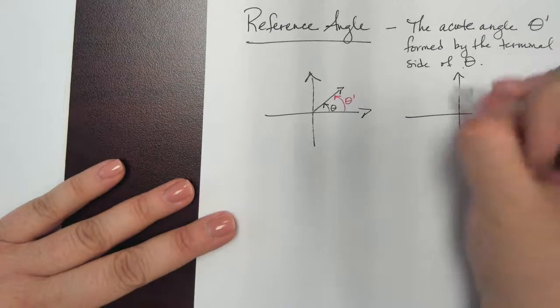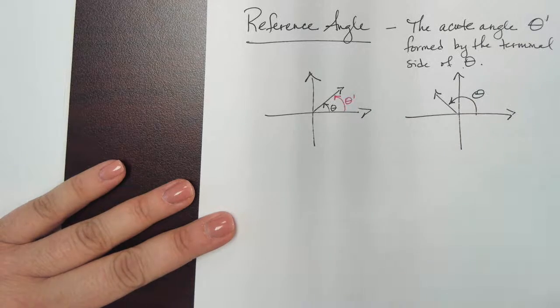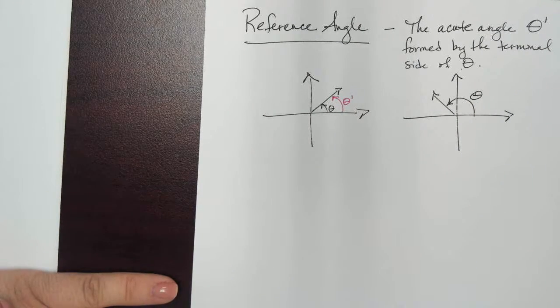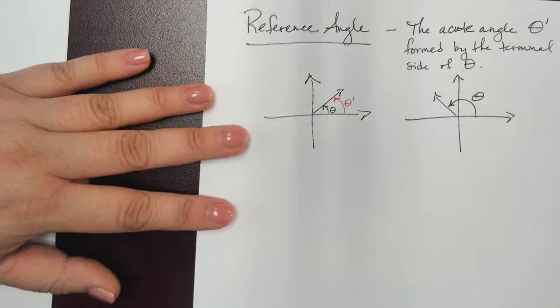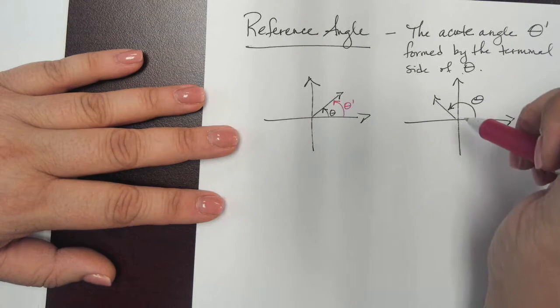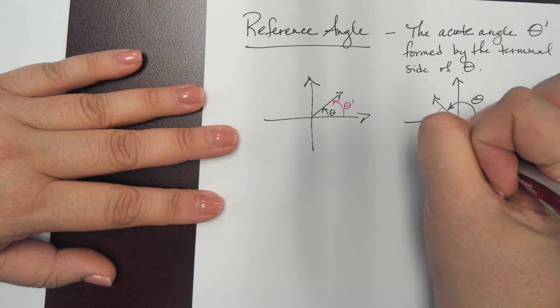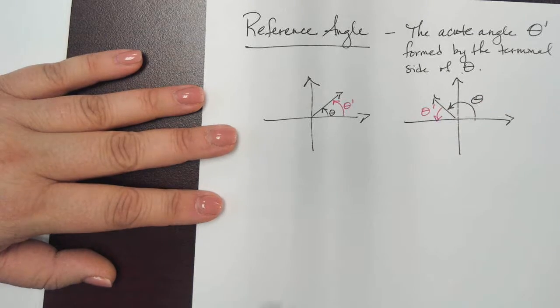If I'm in quadrant 2, this is theta. The reference angle is always drawn from the terminal side to the x-axis. So this is theta prime.